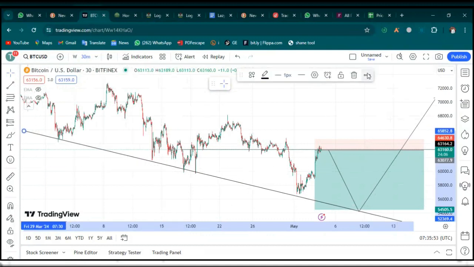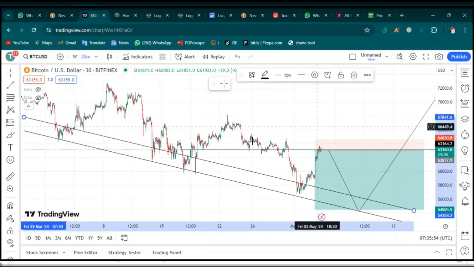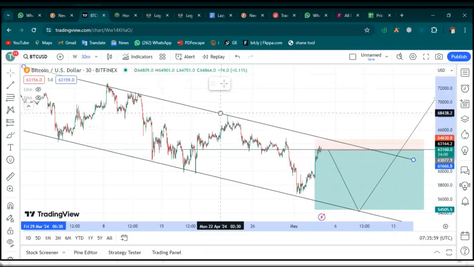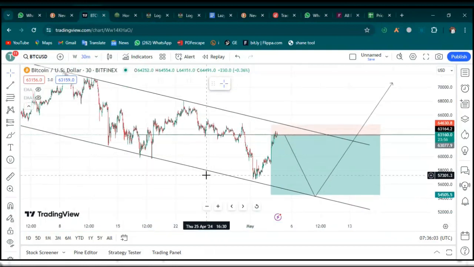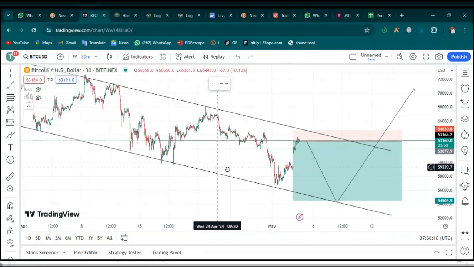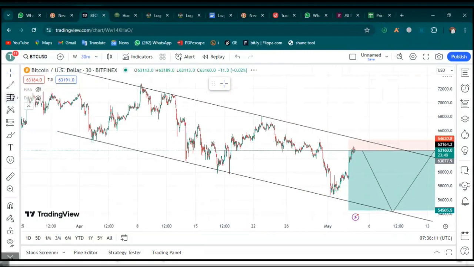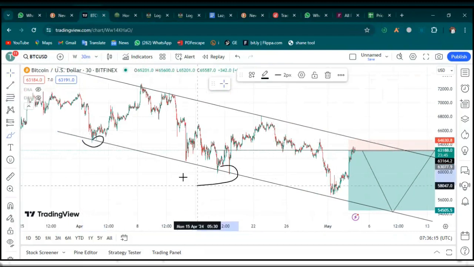All right. So if I duplicate this trend line now, parallel. Do you see that? So we have touch 1, touch 2 or 3, touch 4.